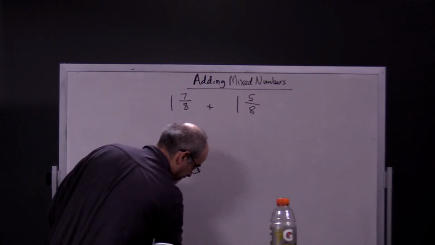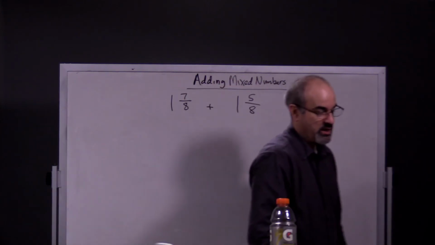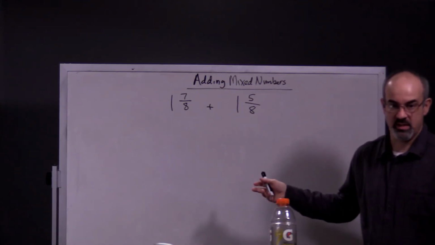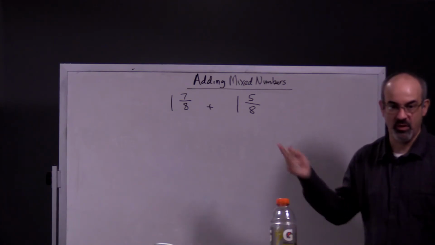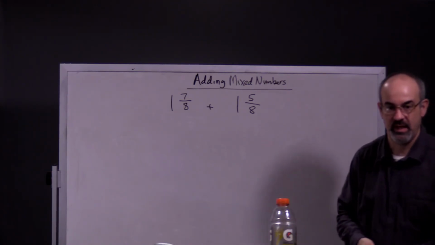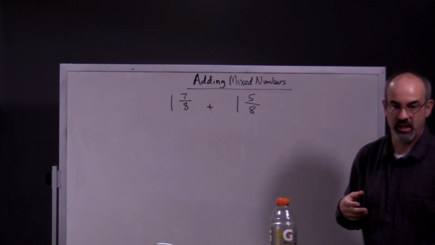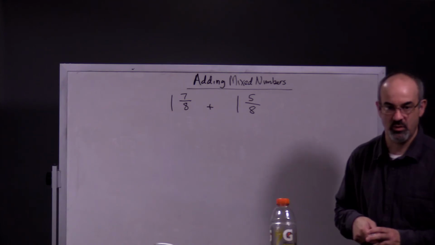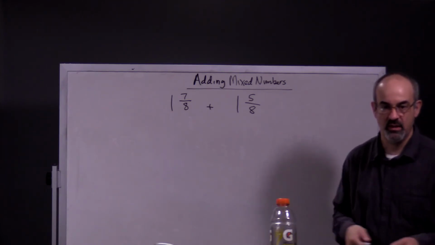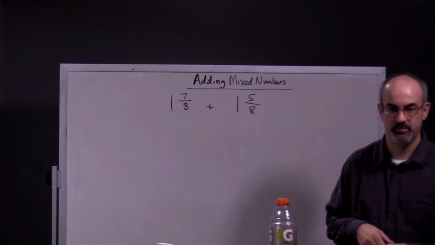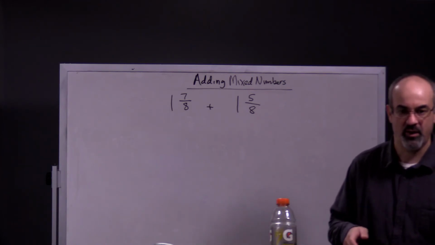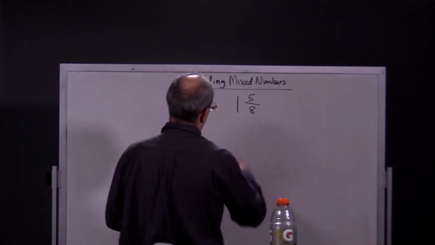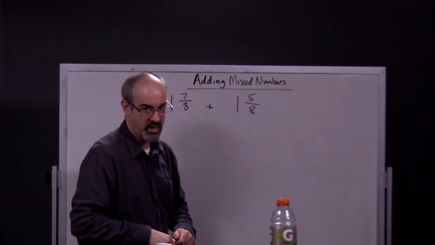Now obviously, I'm just talking about how to add these right now, because if I asked you to subtract, you would do it the same way, just subtract instead of add. And if I asked you to multiply or divide, the best thing to do would be to change them into improper fractions, and then use the rules on how to multiply and divide fractions. So really the most important thing to talk about is how to add.